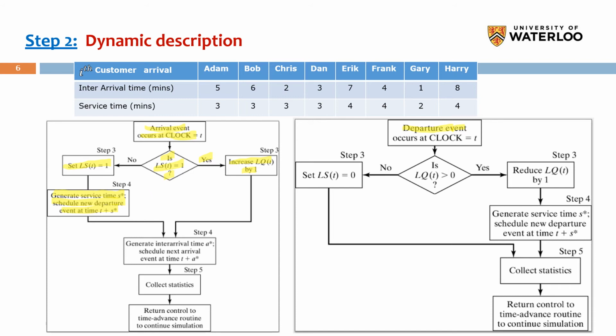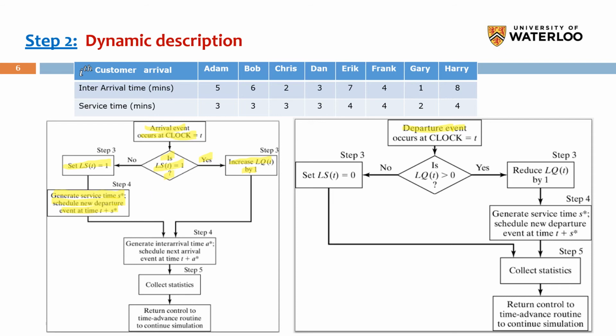The end of service will be at time T plus S star. So we need to include this departure event in the future event list, and its occurrence time will be T plus S star.